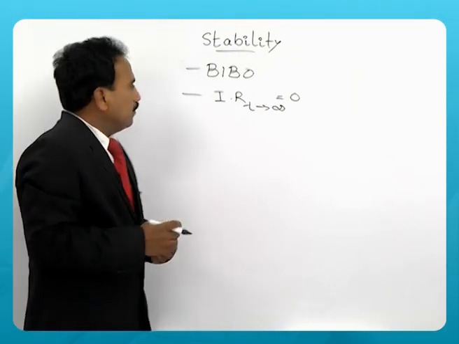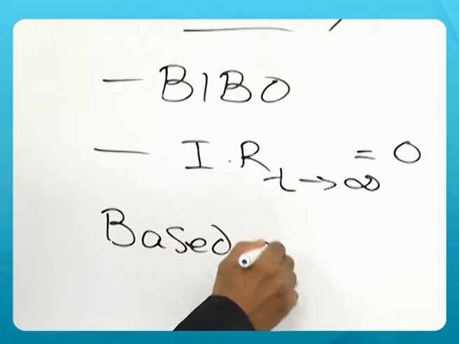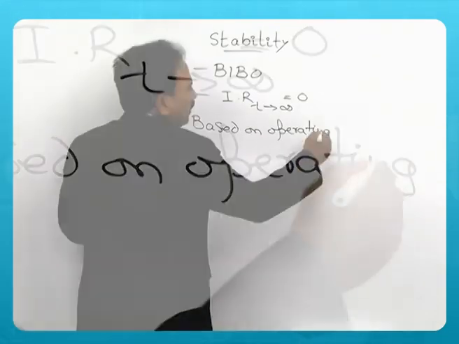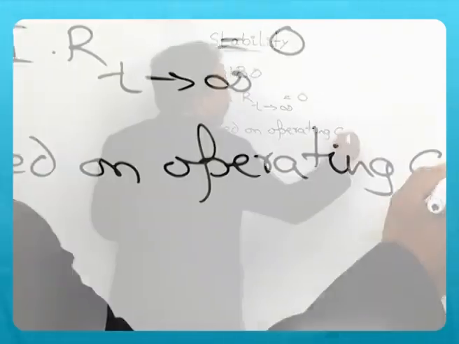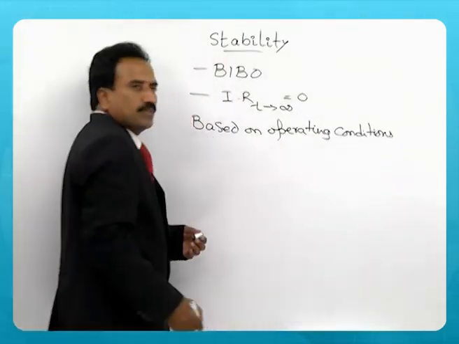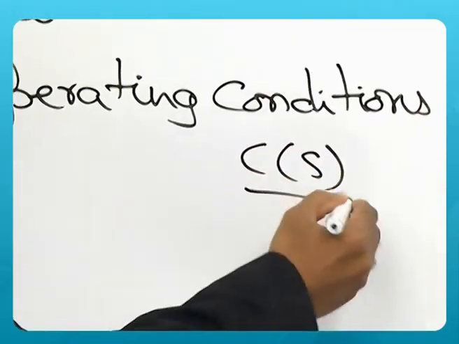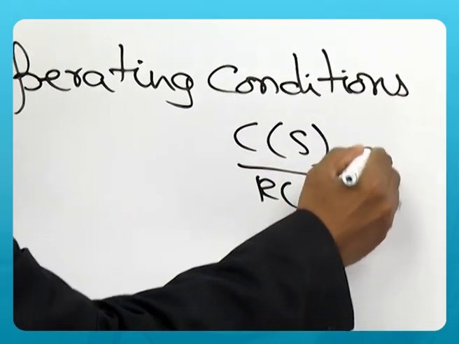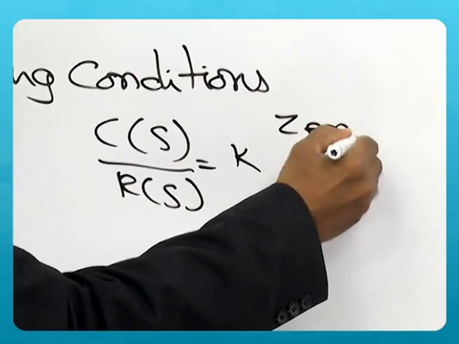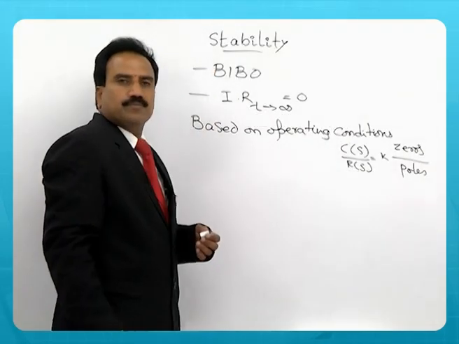Now, stability can be defined based on operating conditions. For example, if you take a closed loop system, generally it is represented by K and zeros in the numerator and poles in the denominator.